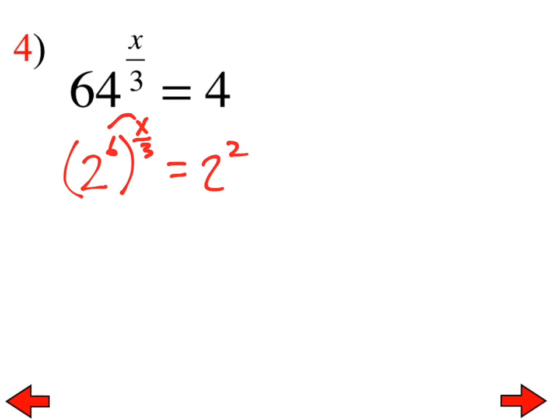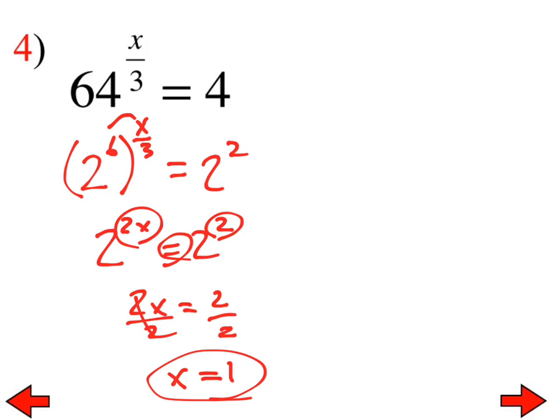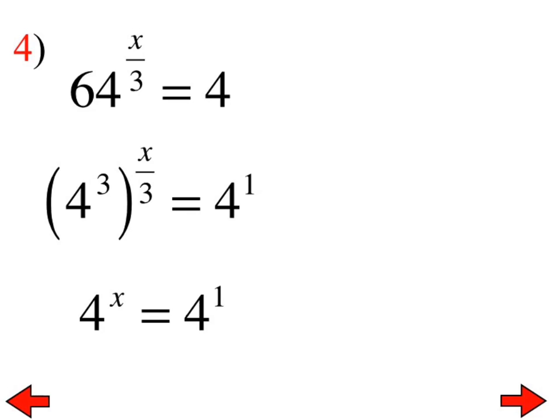So taking our power to a power again, we have 2 to the 2x equals 2 to the 2nd, and then setting our exponents equal to each other, we still get x is 1. So in some of these problems, there will be more than one way of dealing with them. Okay? And I'm going to do this one with a base of 4.